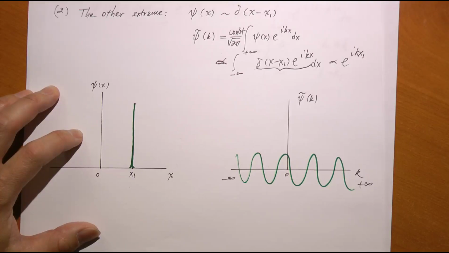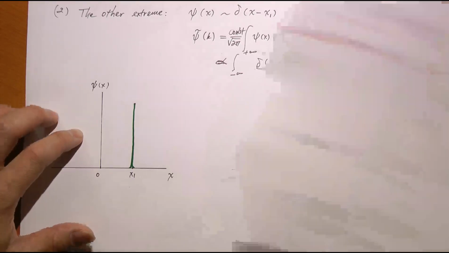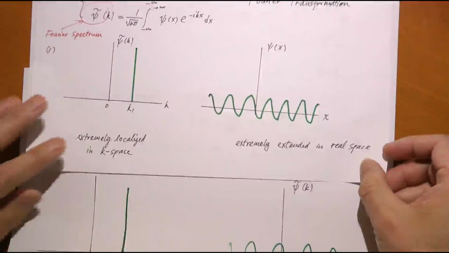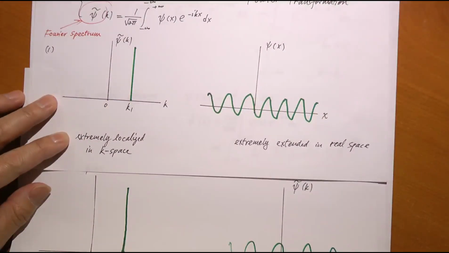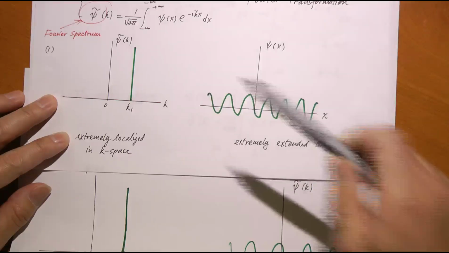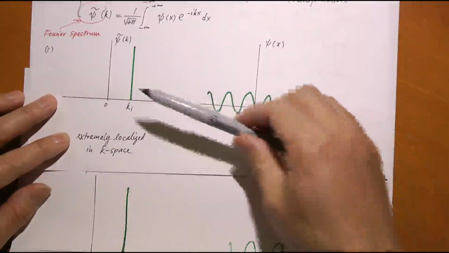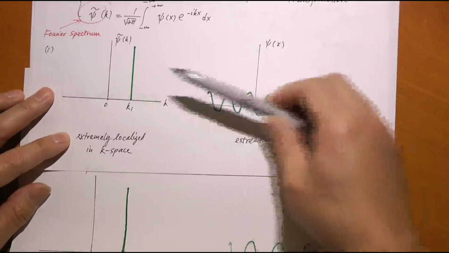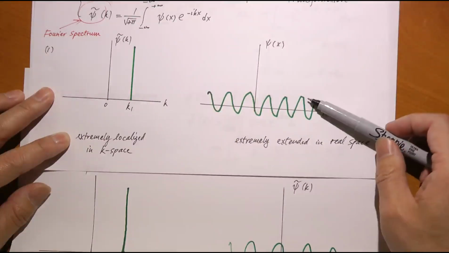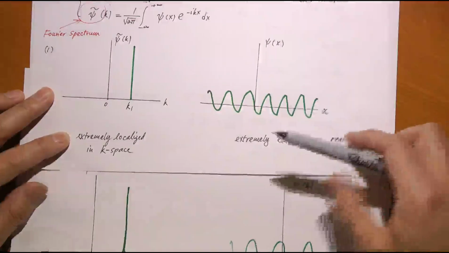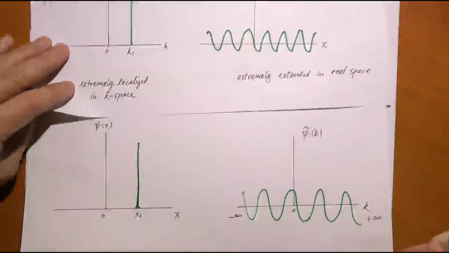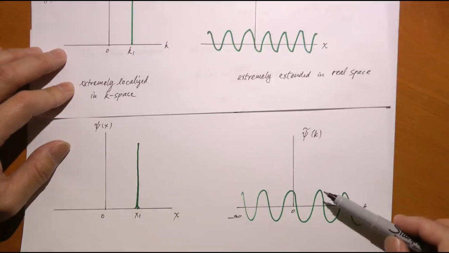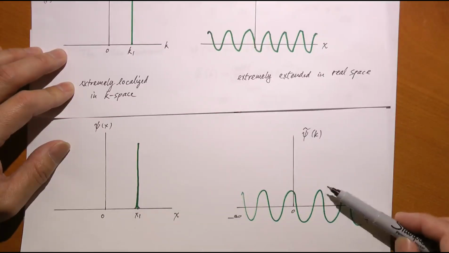Looking back at these two extreme cases, you see a complementary situation. A very concentrated wave in k space leads to a very delocalized wave in real space, and a very concentrated wave in real space, x space, leads to a very delocalized wave in k space.